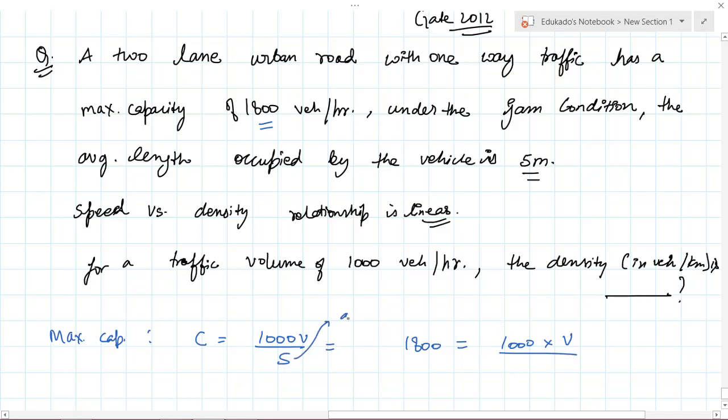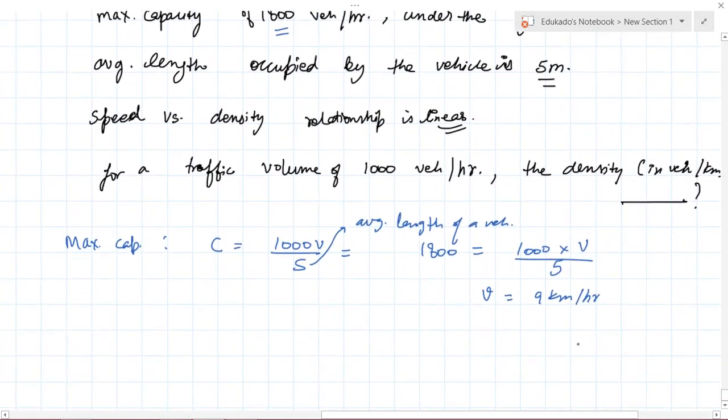So S represents the length of a vehicle, and here it is given as 5 meters, so I will use 5. From here the value of V comes out to be 9 kilometers per hour.